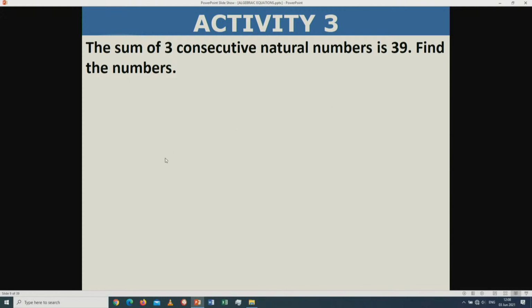After solving for those three numbers, we must be able to see that if I add these numbers, definitely they give me 39. Now again, I'm going to give you 3 minutes to solve this one.